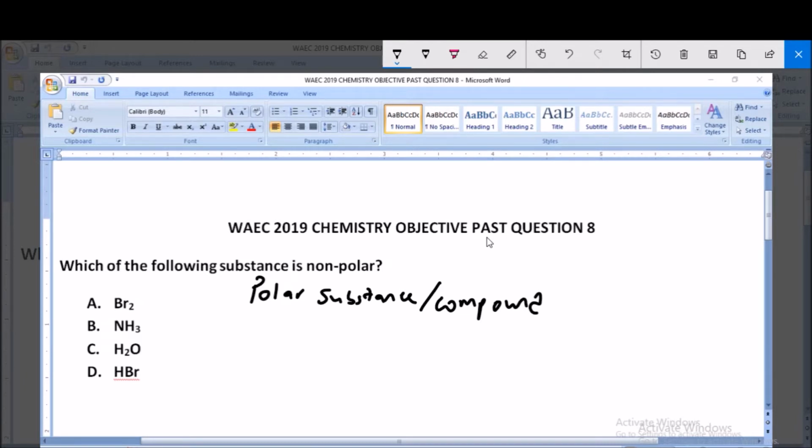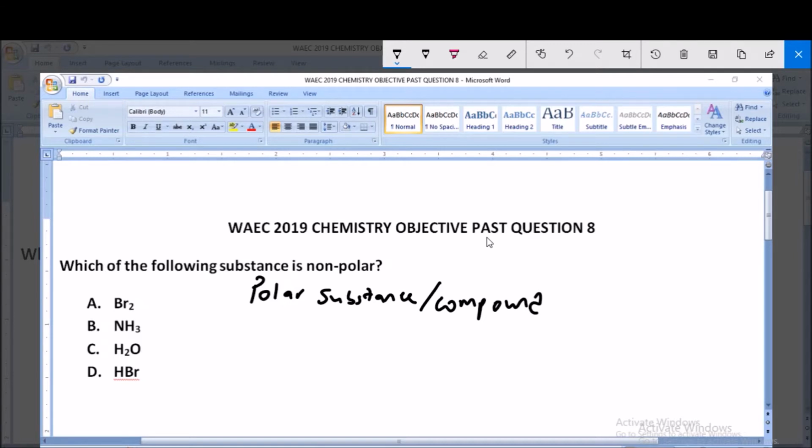A polar compound possesses charges within the constituents that make up that particular compound, and those charges exist due to electronegativity. And electronegativity is the attraction of an element, or the tendency for an element to attract electrons.